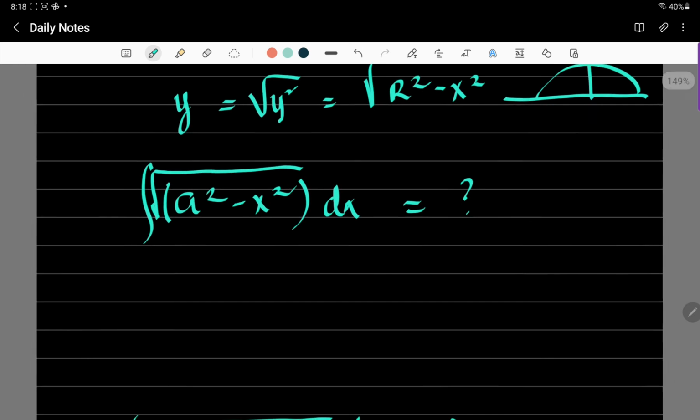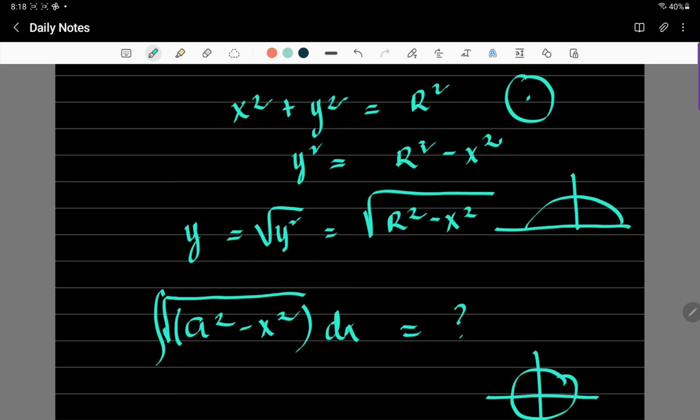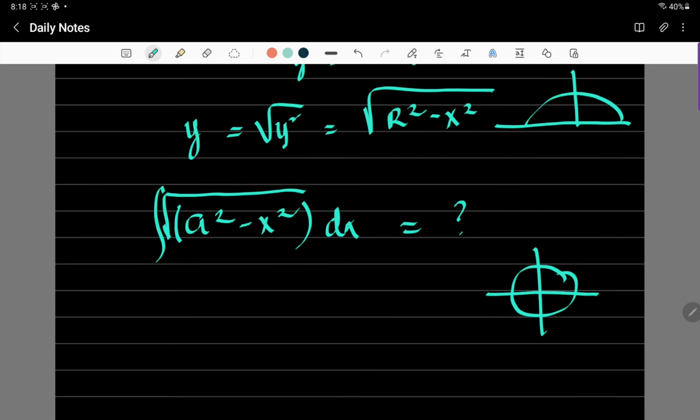All right, now, since we have a circle, and this one here, y equals root, so we take the top part only, right? This is the circle, like this is what I mean. And the radius in this case is 7, right? Because we have 49 right here, that means 7 squared. So we know the radius is 7.